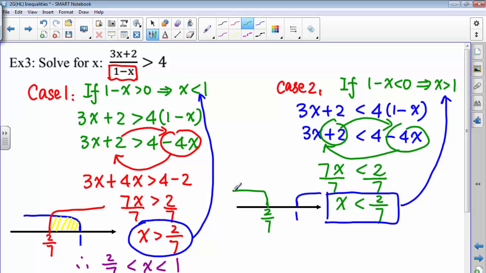Then you will see the blue part does not overlap with the green part. That means there are no x values that fit this inequality in case 2. So we say no solutions for case 2.